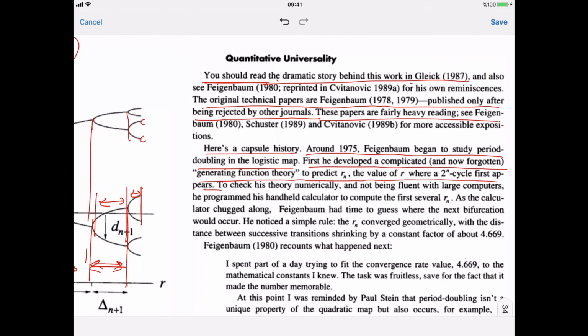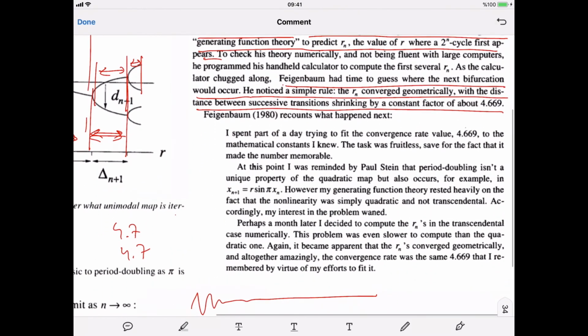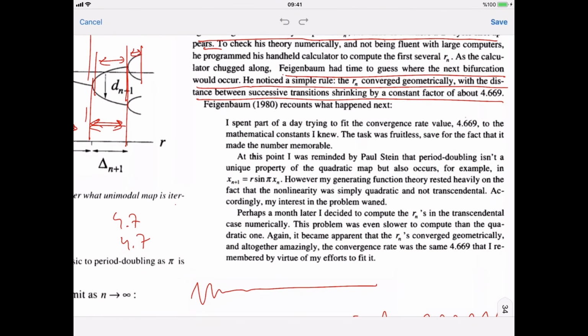Feigenbaum had time to guess where the next bifurcation would occur. He noticed a simple rule: the Rn converged geometrically, with the distance between successive transitions shrinking by a constant factor of about what I just mentioned. So let's see his recollections.